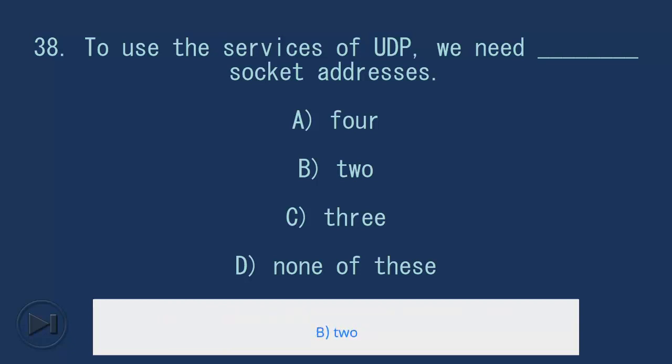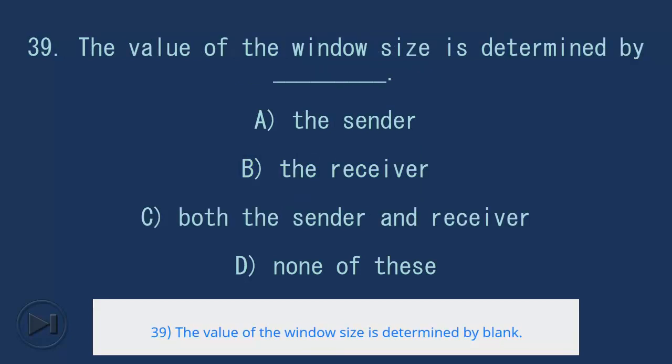B. 2. C. 3. D. None of these. Answer, B. 2. 39. The value of the window size is determined by blank. A. The sender. B. The receiver. C. Both the sender and receiver. D. None of these. Answer, B.